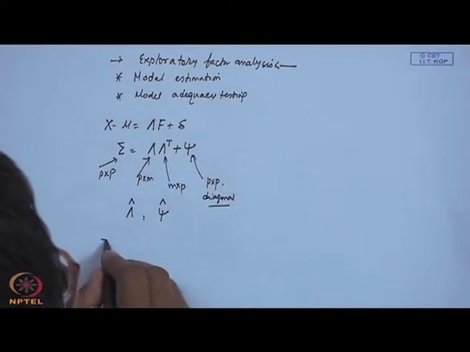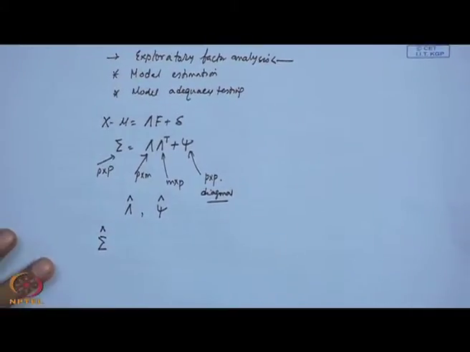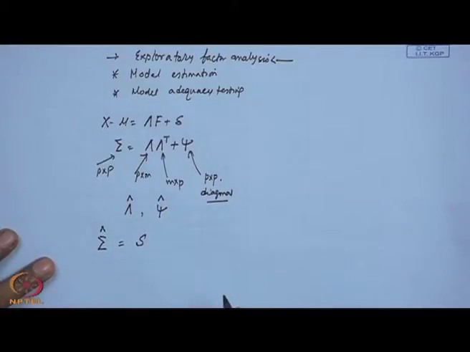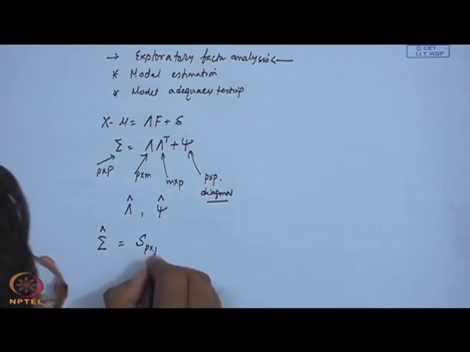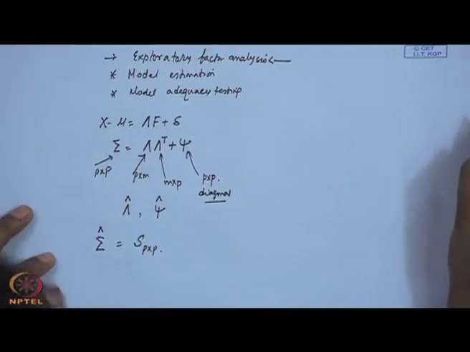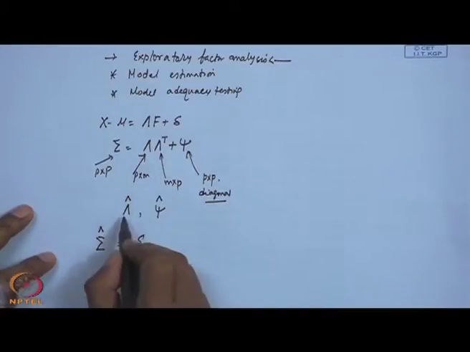We know the sample covariance, sigma cap. This one we can assume as S. This is also a P cross P matrix. So then how do I go about estimating these two?